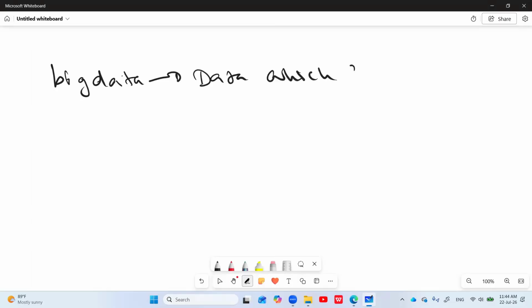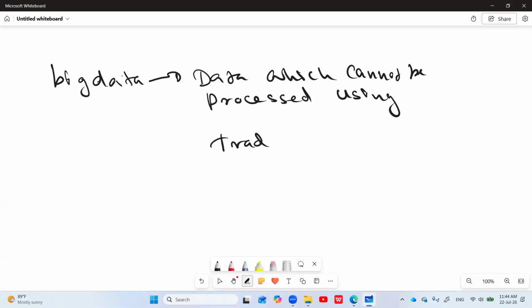What is called big data, guys? Big data is the data which cannot be processed using traditional processing techniques.